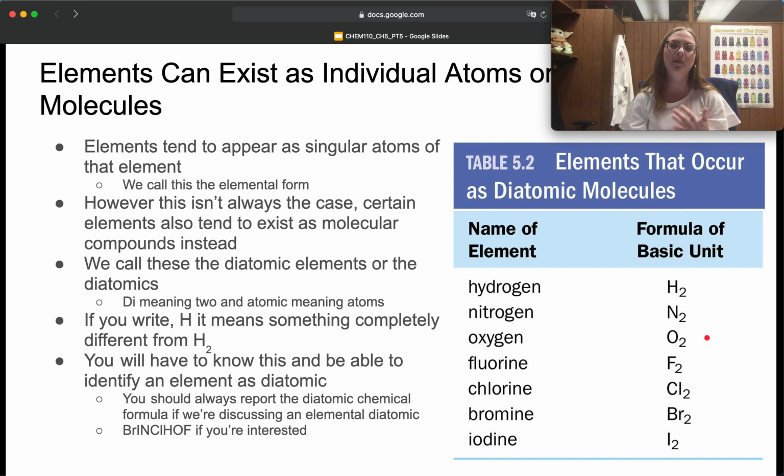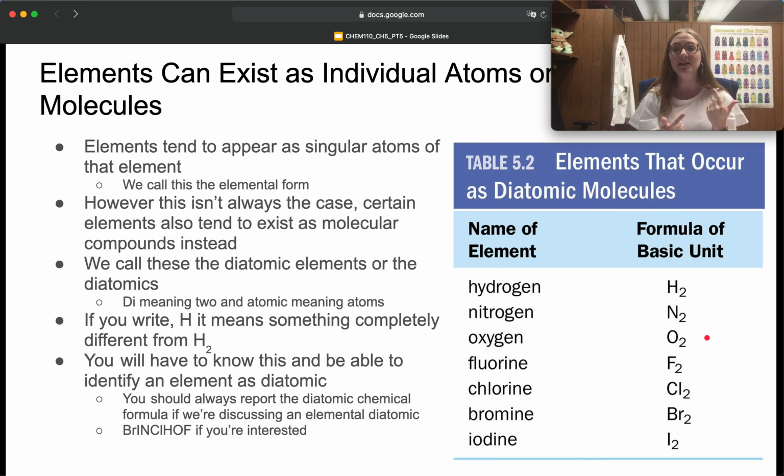Sometimes we have what we call diatomic molecules or diatomic elements, or you might just hear me call them the diatomics, okay? What I'm trying to say is that they actually exist as a molecular compound in the end.